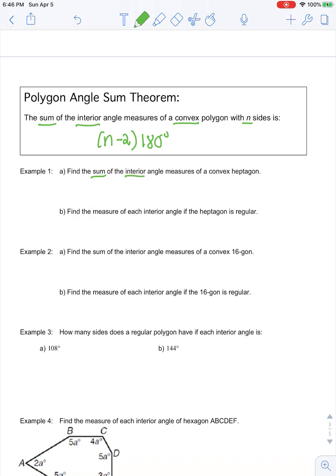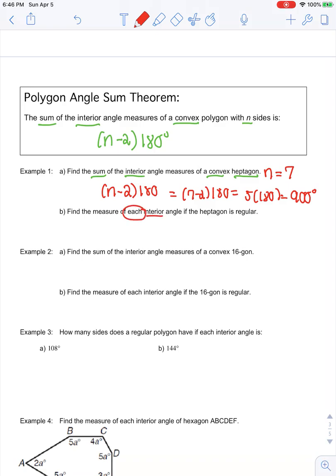If I say find the sum of the interior angles of a convex heptagon, we know that a heptagon has 7 sides, so we'll do n minus 2 times 180. 7 minus 2 times 180 is 5 times 180, and 5 times 180 degrees is 900 degrees.